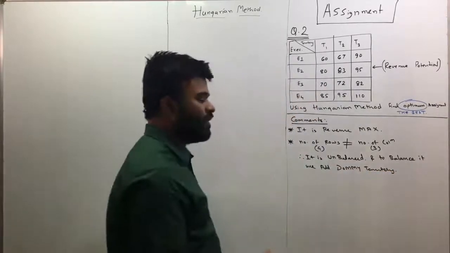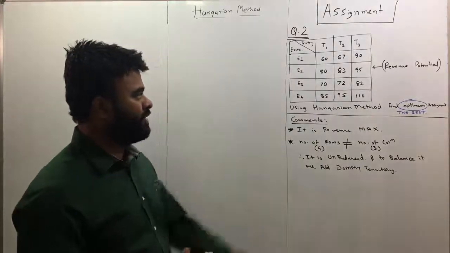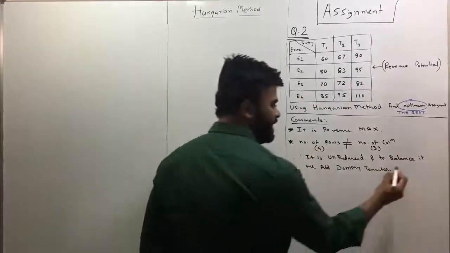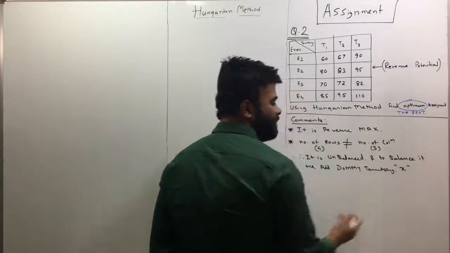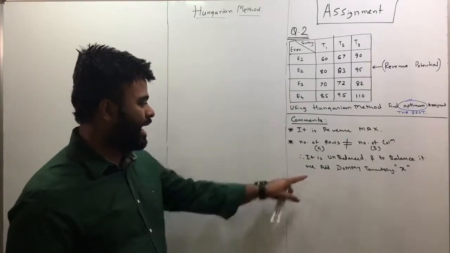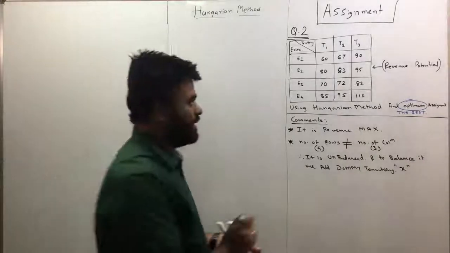What we typically do in an assignment problem is, whenever we are falling short of, say, one column, we simply add a dummy territory, and the dummy is typically denoted by X. So I'm going to call my dummy territory X, and there is going to be one extra column here. Let me do that real quick.